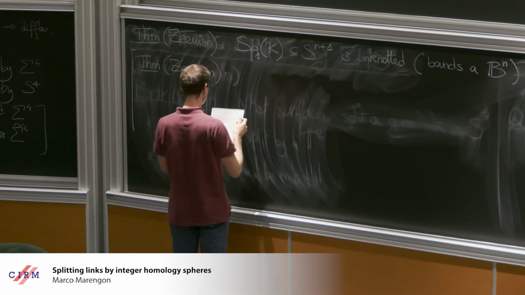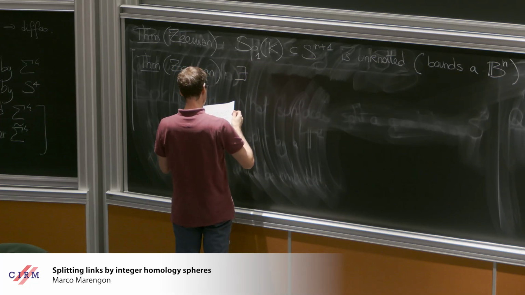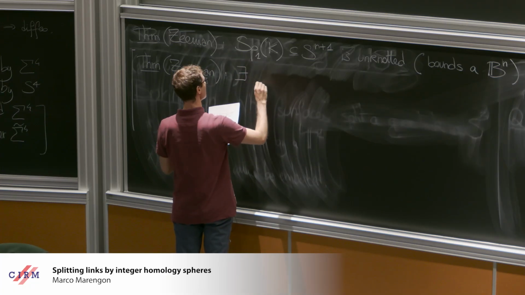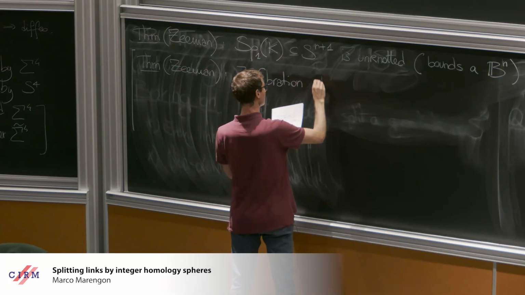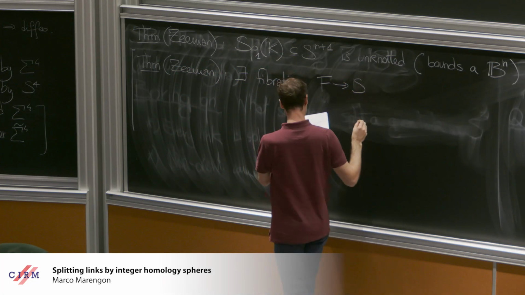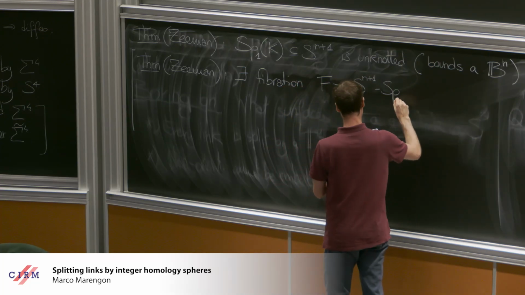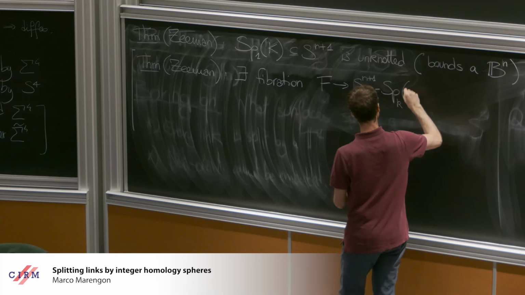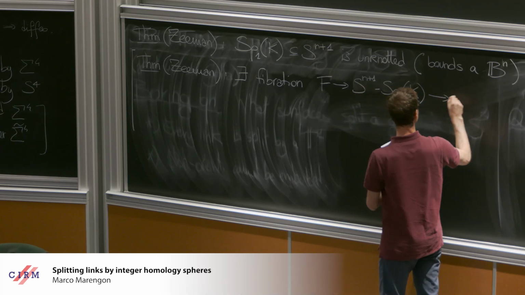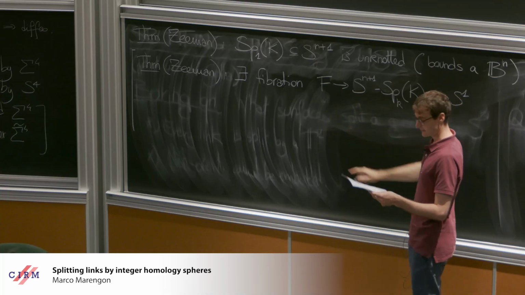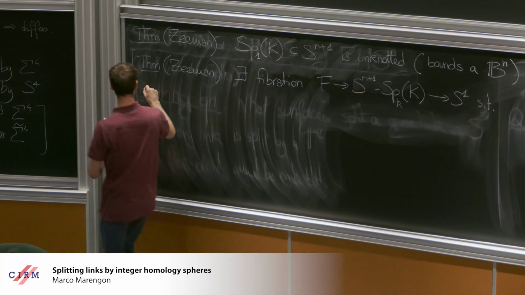That is that there exists a fibration of the complement of the k-twist span knot in S^{n+1} over S^1, where the fiber is F, with the following properties.